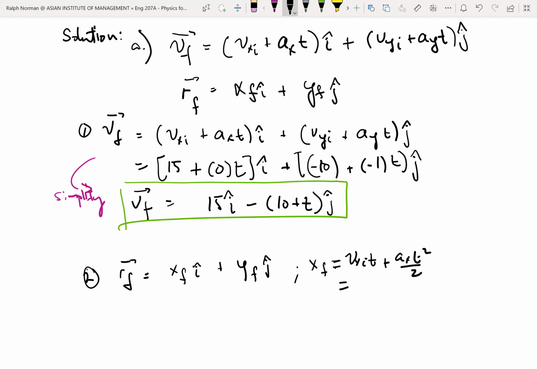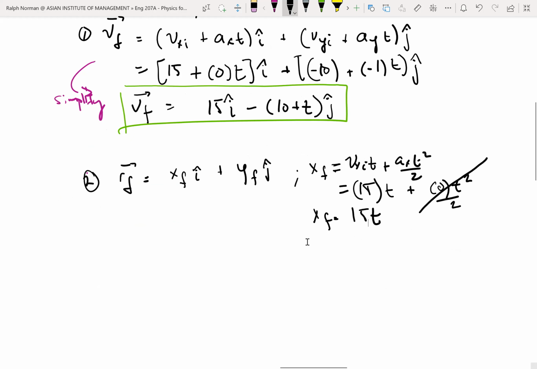We have VXI na dito, which is at 15 in terms of T. This is essentially 0 kasi 0 to. So cancelled na yan. So XF mo is just simply 15T.